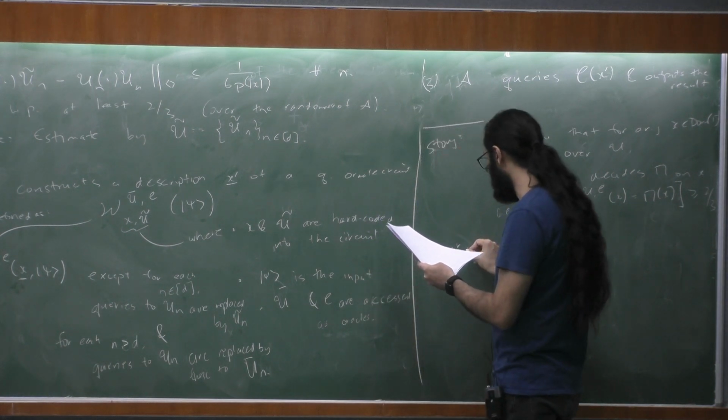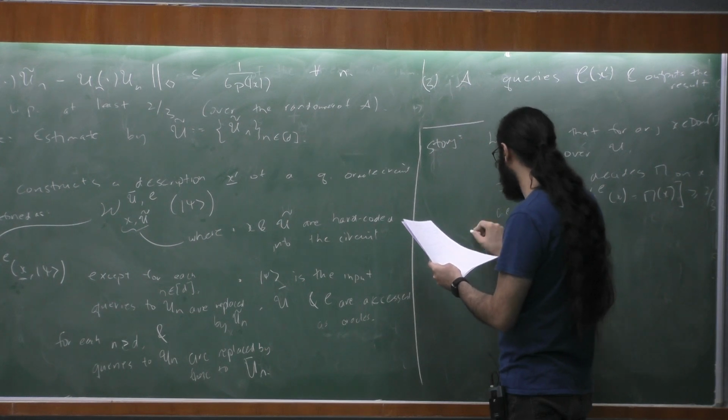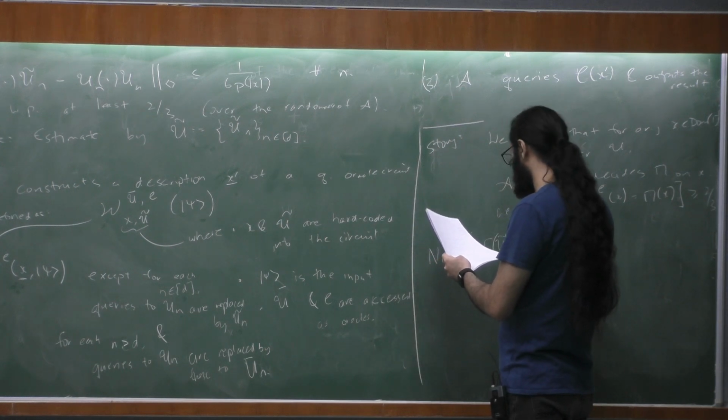Okay, so now we have some notation. We're going to define f of u tilde, u bar.